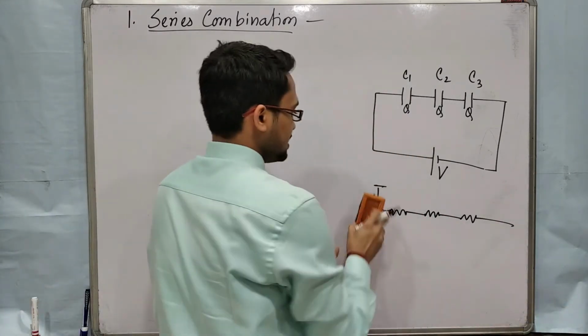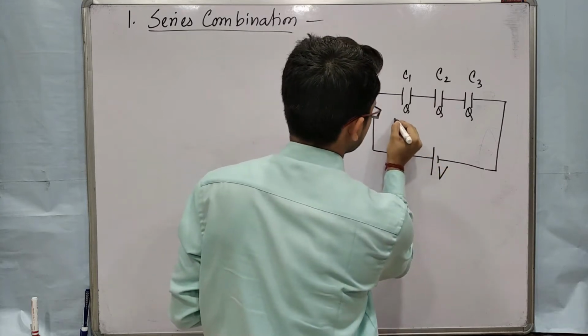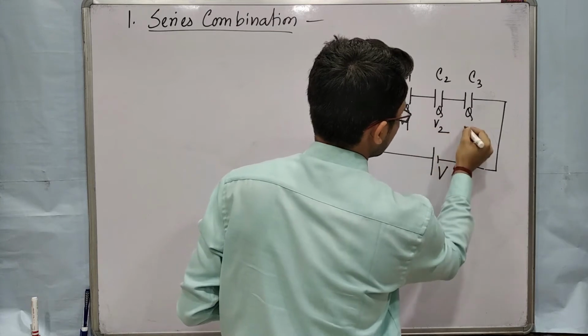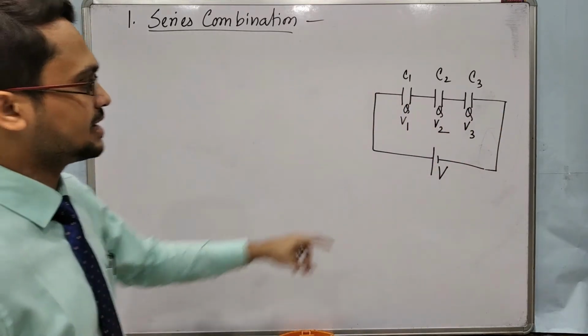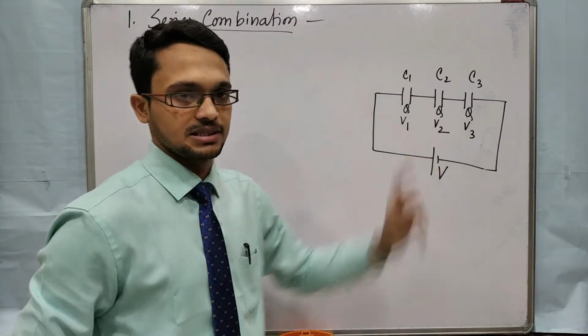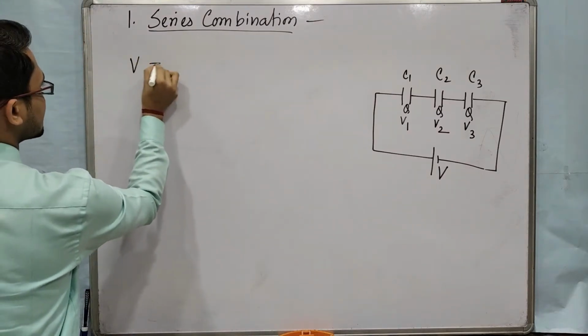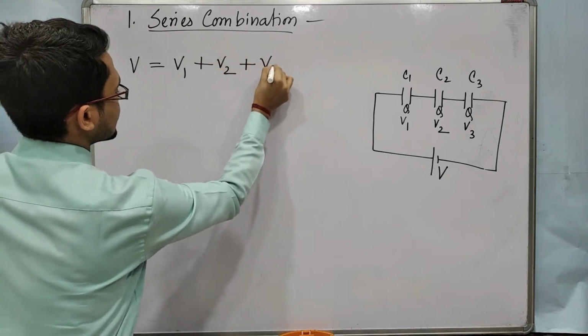Here the potential difference V will be divided. Suppose across this capacitor it is V1, across this one V2, and across this one V3. So Q is constant and the total potential is dividing across the three capacitors. Our first equation is: total potential V equals V1 plus V2 plus V3.